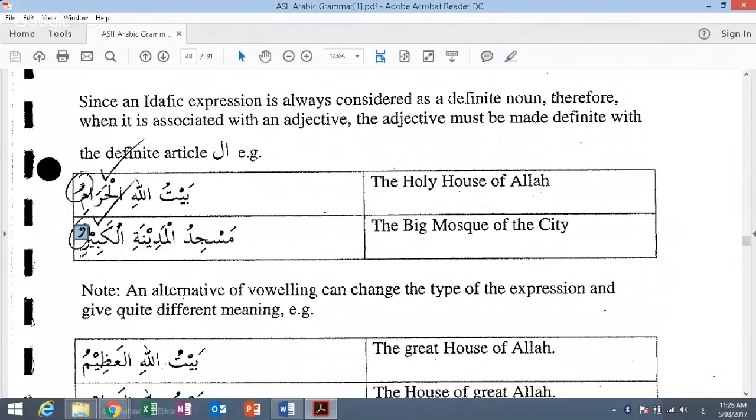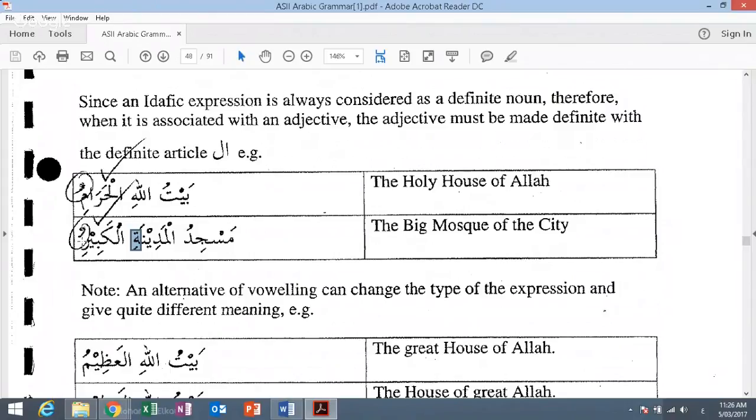Otherwise, if it's kasra here, then that means Al-Madinah will be mawsuf, and Kabiri is sifat, but it has to be kabirati then. But here basically Masjidul Madinati is mudaf ilayh, mawsuf, al-kabiru sifat. And then you are going to say something. So we have to match.